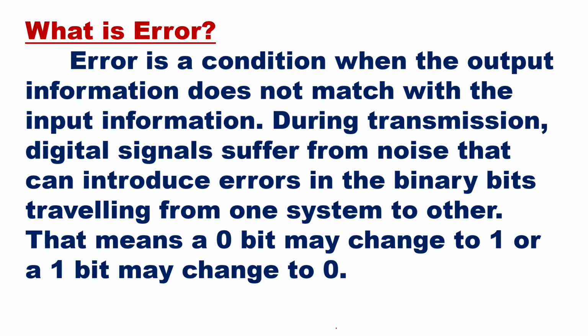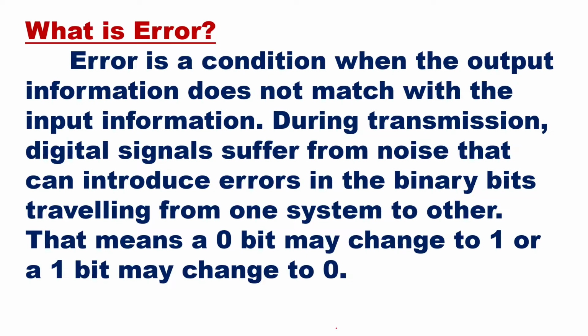During transmission, digital signals suffer from noise that can introduce errors in the binary bits which are traveling from one system to another. That means a 0 bit may change to 1 or a 1 bit may change to 0. Here we are telling specifically about digital data, 0 and 1. So error is when the output information does not match the input information.